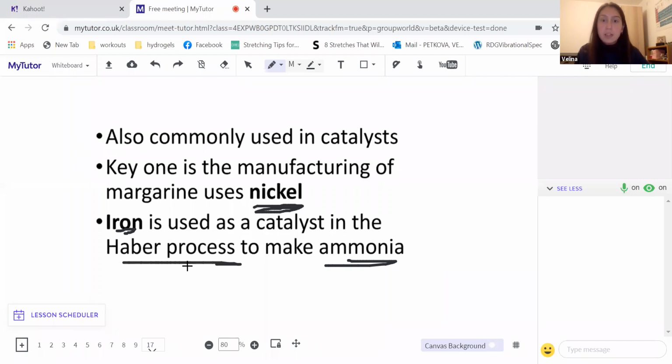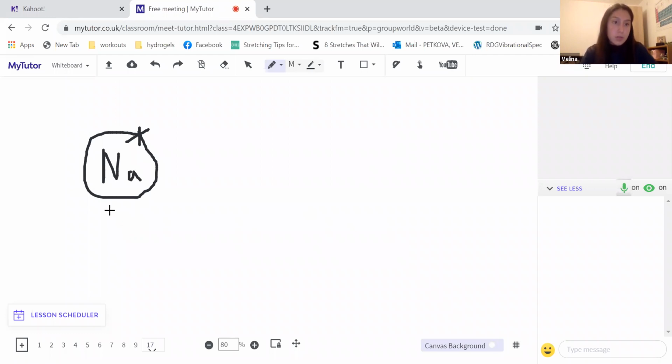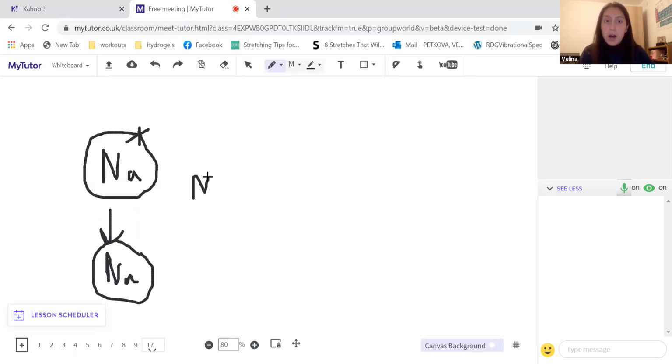For group 1, does it matter if you make it positive or negative? Well, what's happening in group 1? Is the electron gained or lost? How many outer electrons does it have? It has one outer electron. To gain a stable configuration, it's going to lose this electron, so it's got 8 electrons in its outer shell. So it's lost an electron, and that means it's a positive ion.